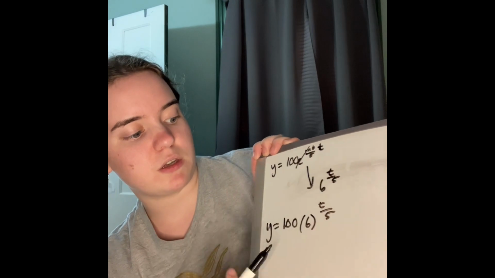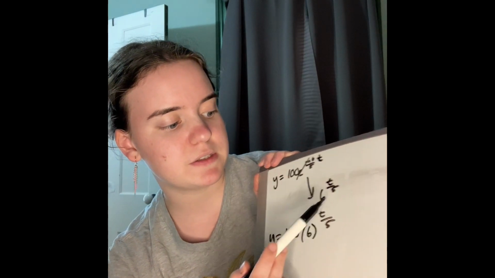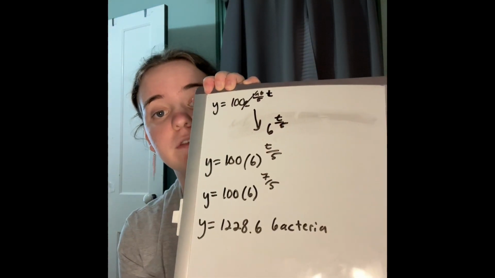So now we have a new, not a new equation, but an easier equation of y equals 100 times 6 to the power of t over 5. We can plug 7 into that t. And we get 1,228.6 bacteria. That's how many there are after 7 hours.